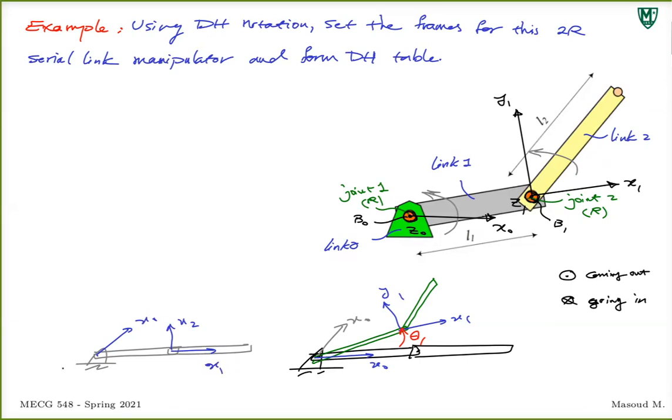So in the rest position, where everything is parallel and collinear, the angle that x0 has to go through to get to x1 by rotating about z0 would end up as 0. So that's why I choose x0 to be there.